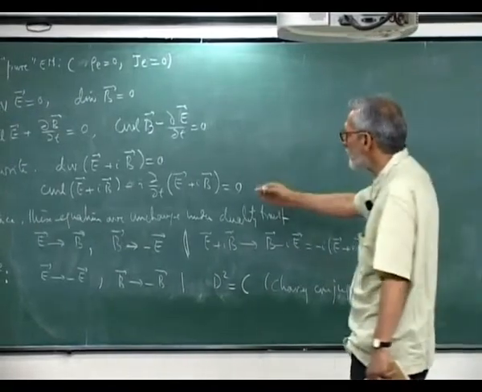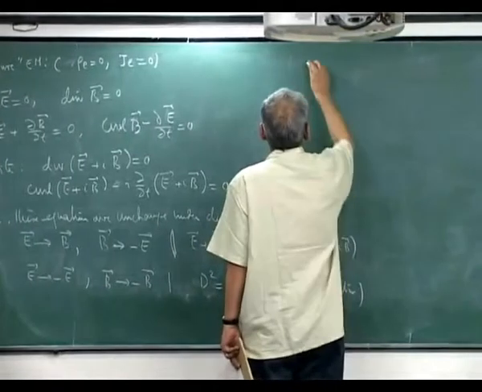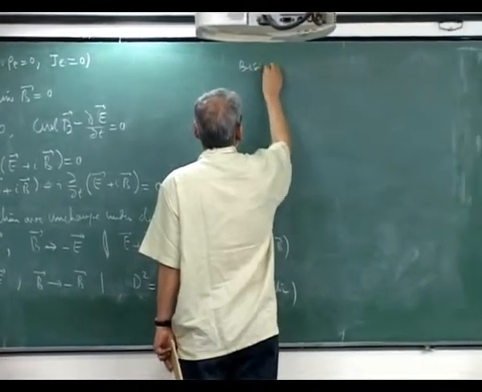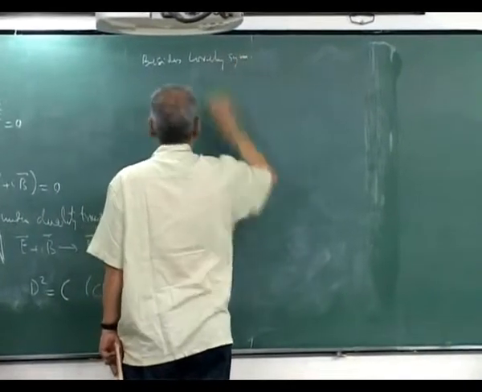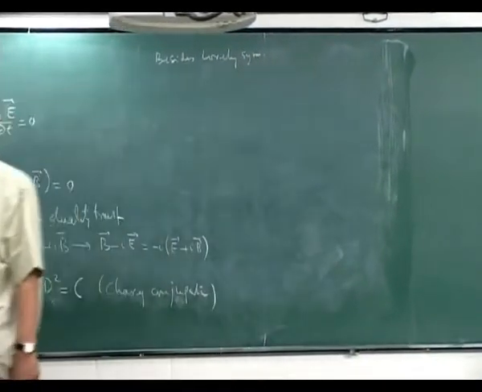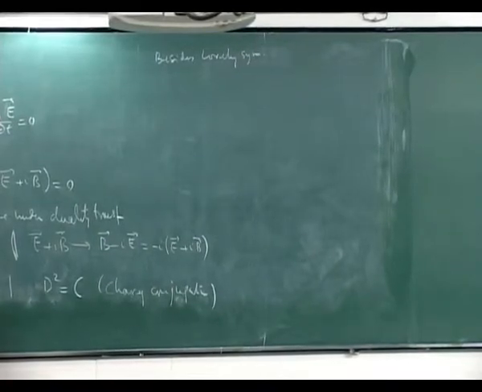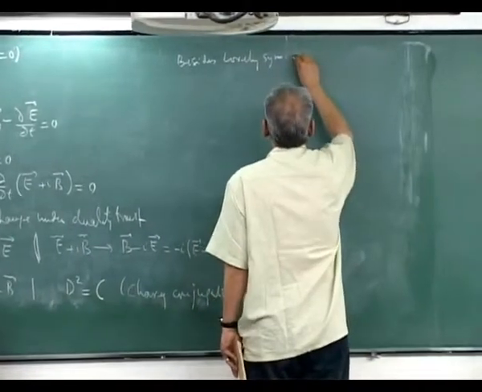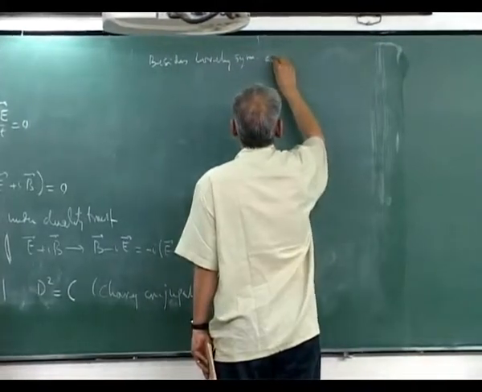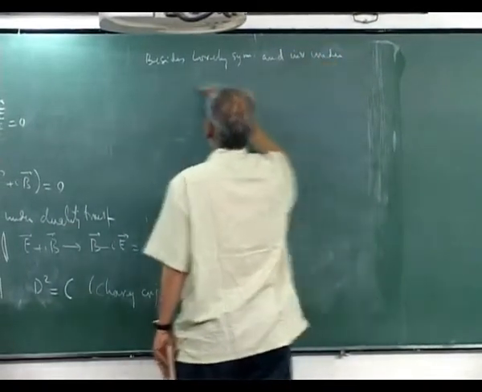So this pure electromagnetism has symmetries, the standard symmetries besides the Lorentz symmetry, because these equations are covariant under Lorentz transformations. And also they are invariant under conformal transformations.